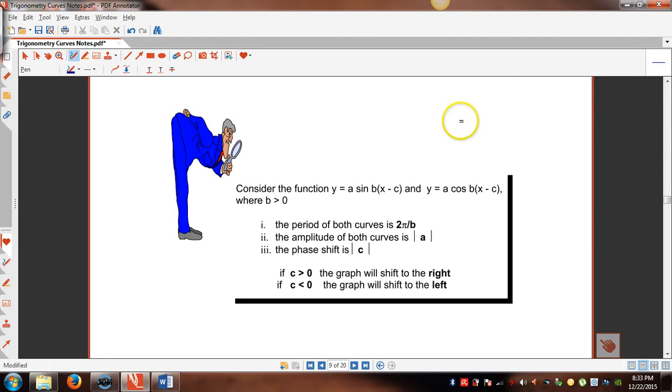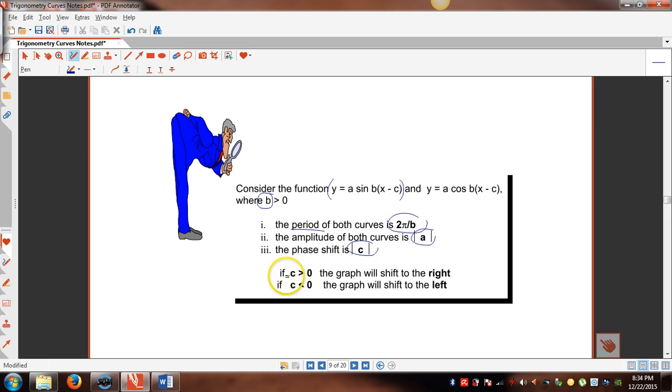Consider y equal to a sine of b times x minus c, or y equal to a cos of b times x minus c, where b should be positive. The period of both curves equal to 2 pi over b. So this is the formula. And the amplitude of the curve is the absolute value of a. And the phase shift of the curve is the absolute value of c.